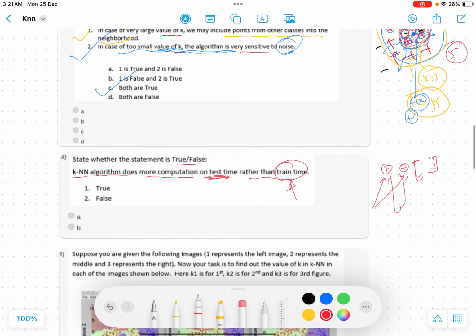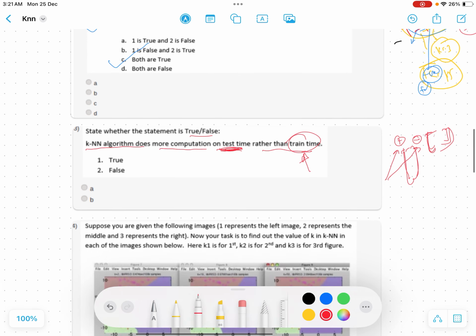So the main point is that during the train time you do nothing, you only store these vectors at whatever position they are. During the test time you calculate the k distances and look at which class they fall in. So this is the true statement.